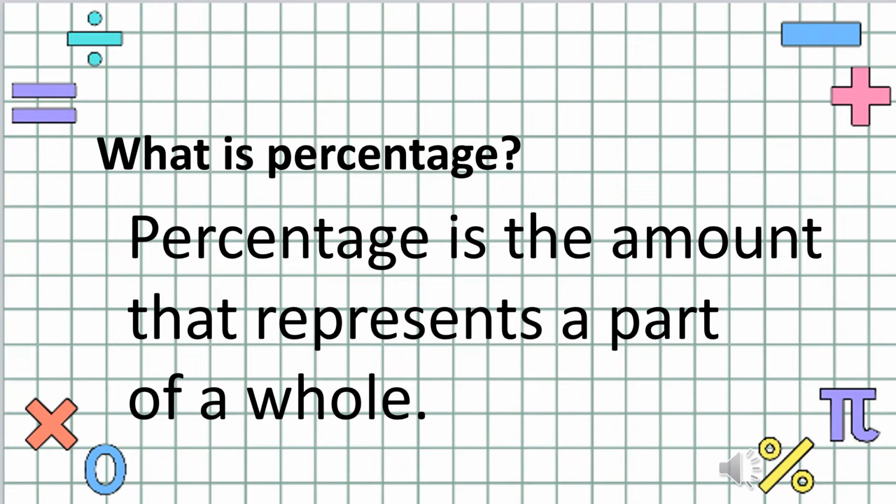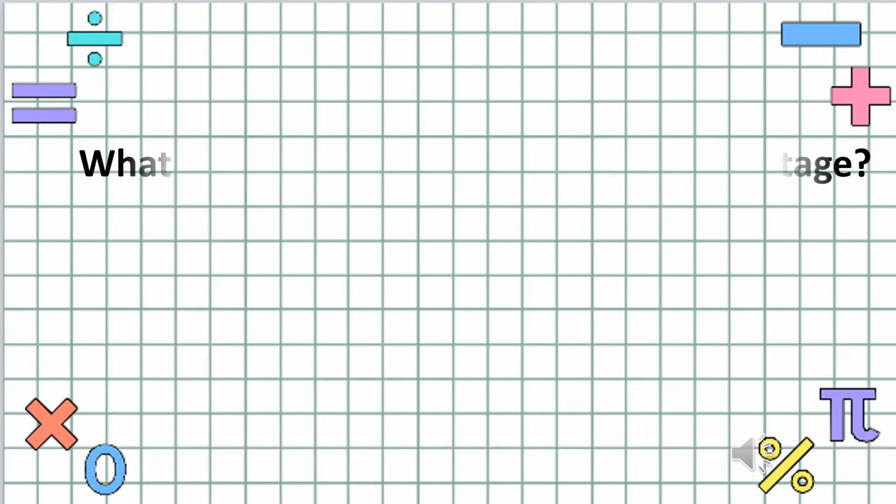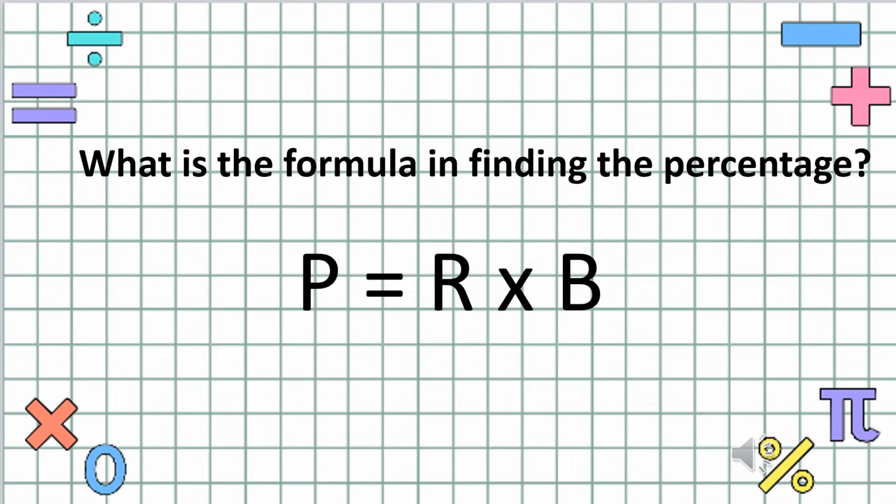What is percentage? So, percentage is the amount that represents a part of a whole. Okay, so uunahin nating hanapin ngayon is percentage. What is the formula in finding the percentage? So, to find the percentage, a formula is percentage is equivalent to rate times base. Alin ba ang rate at alin ba ang base?